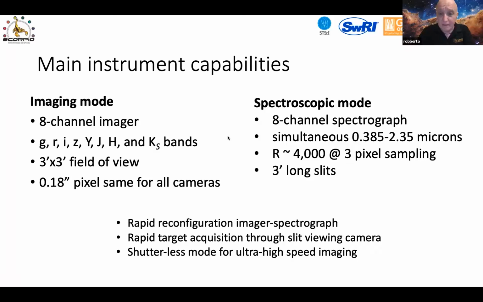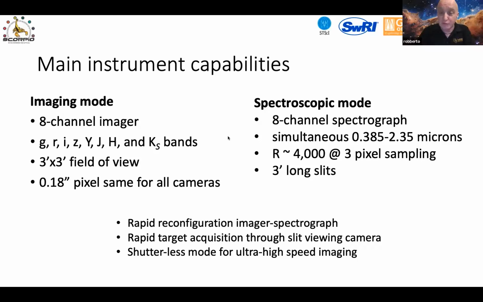The spectroscopic channel has, again, 8 channels. The hardware is basically the same, except that instead of filters, now you put VPH gratings and a slit on the focal plane, so you get a simultaneous wideband coverage. We push the spectra a little bit below 4,000 Å, not too much, because we know Gemini has a silver-coated mirror.